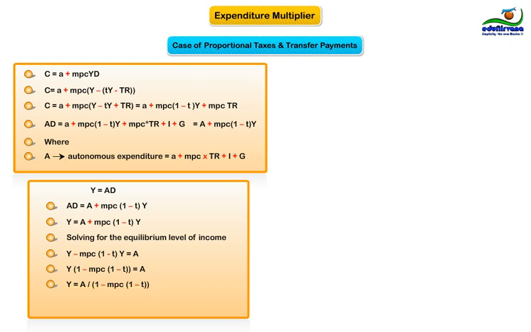So the multiplier is given by 1 divided by (1 - MPC × (1 - t)).